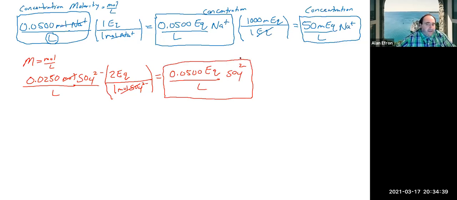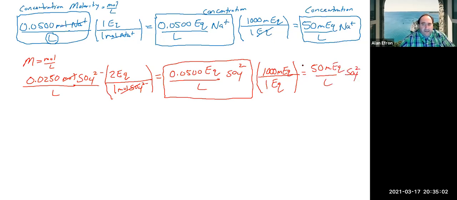We can then do the same conversion we did on the top one and convert it into milliequivalents by using the same conversion. Again, the equivalents would cancel, and that would leave us with 50 milliequivalents per liter of the sulfate ions floating around in that solution.